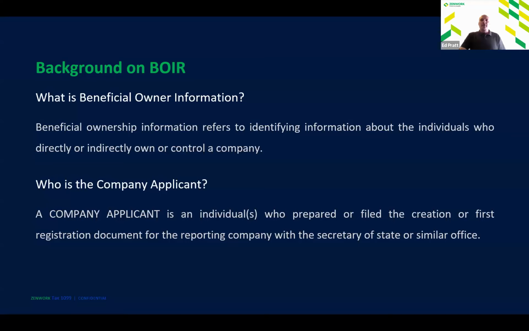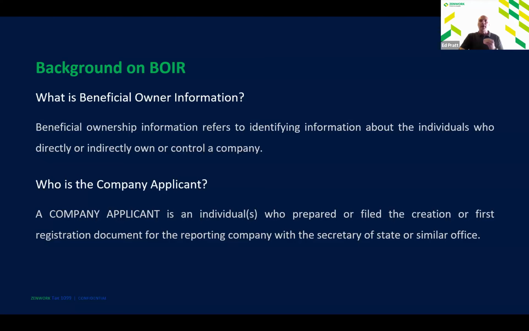The company applicant is just who is preparing or filing the creation or the first registration. I mentioned that you may have some folks here who are CPAs. You may be legal professionals who are helping clients to do this work. You may be an administrative assistant. That's a company applicant. That's the person who is actually preparing the information. So the beneficial owner can also be the company applicant.